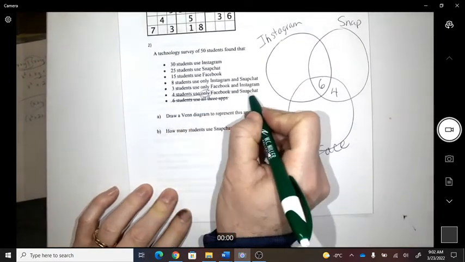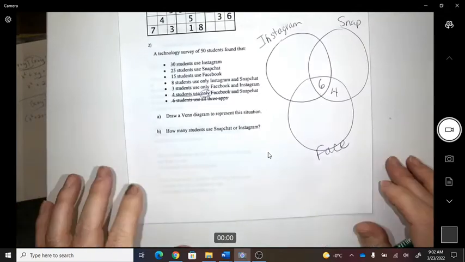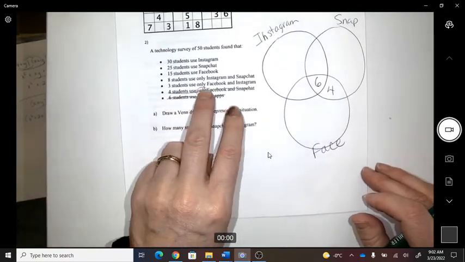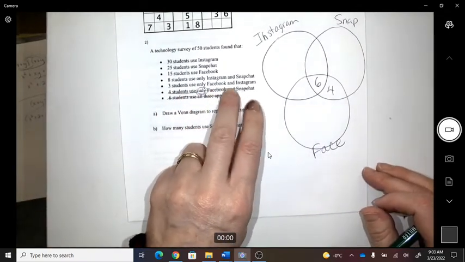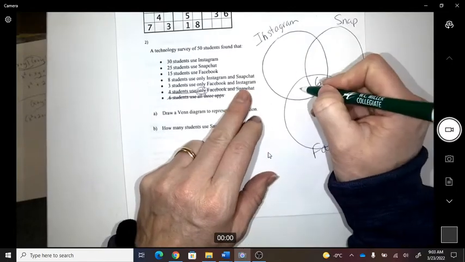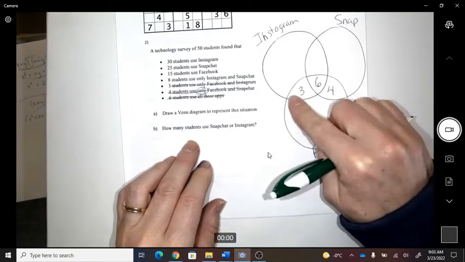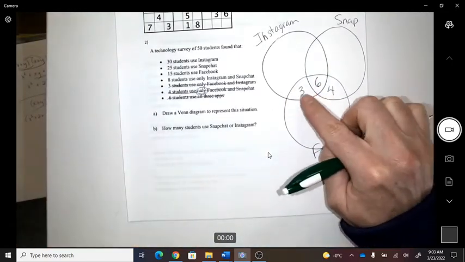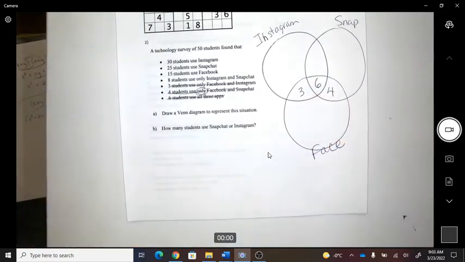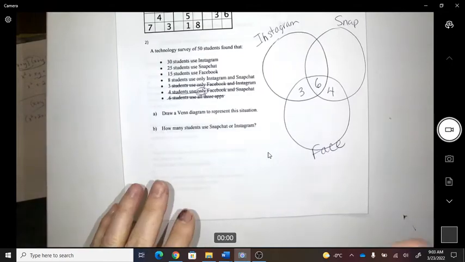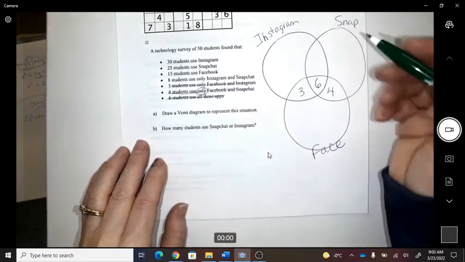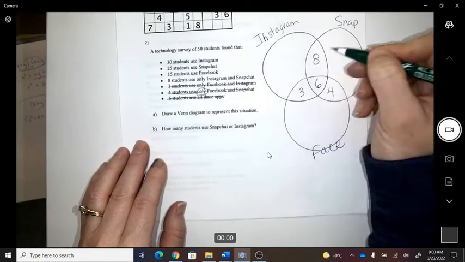On your test, it might say 10, and then you got to subtract. 3 students use only Facebook and Instagram. Again, yesterday's language would have had 9 using Facebook and Instagram, and then 8 for the Instagram and Snap.